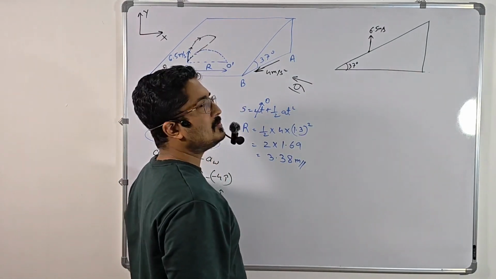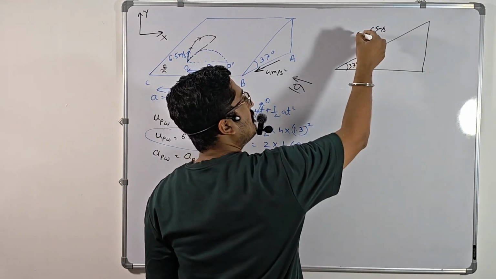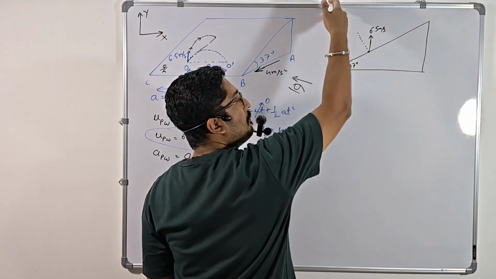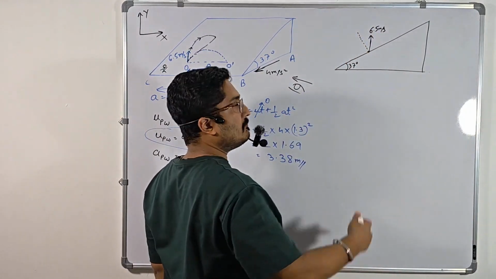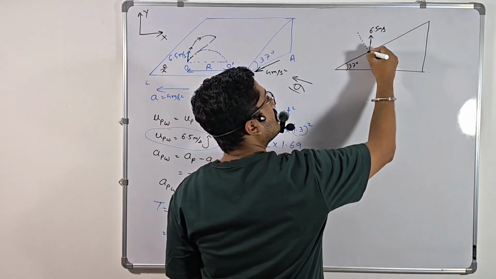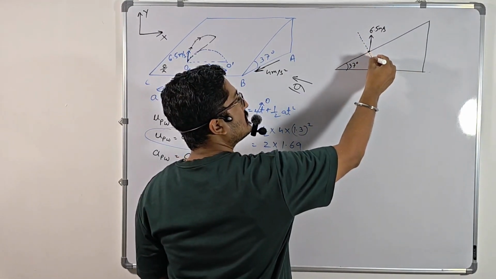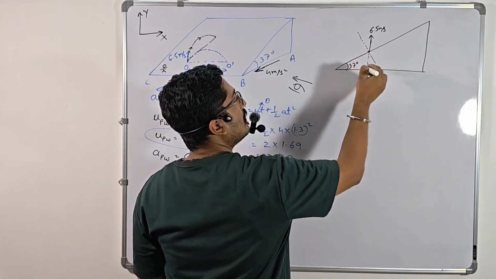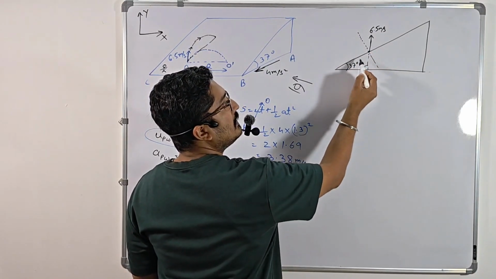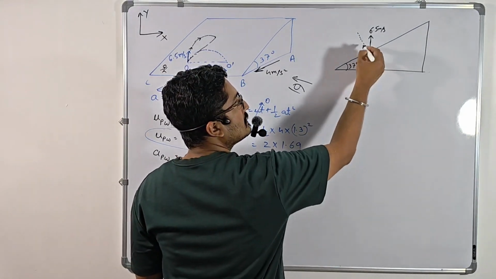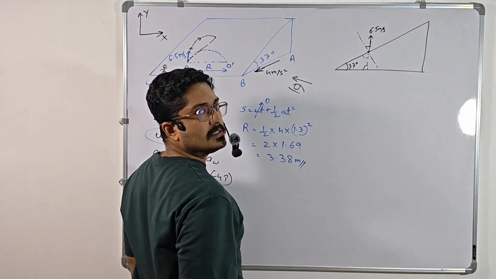Now in projectile motion on an inclined plane, we always divide this velocity into two components: one perpendicular to the inclined plane, that is perpendicular to the wedge, and another parallel to the wedge. So if this angle is 37 and if I extend this direction downward, I find that this is 90 degrees, this angle would be 53. So the remaining angle would be 37, so this will again come out to be 37.